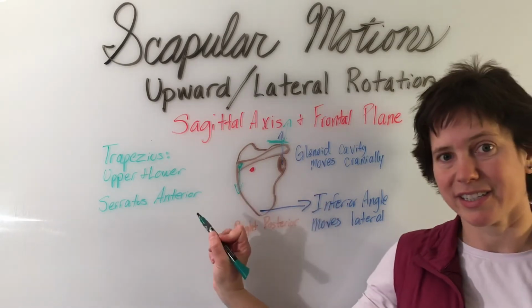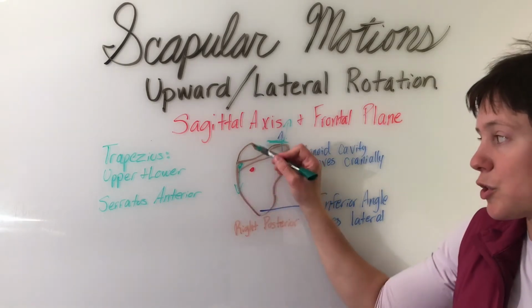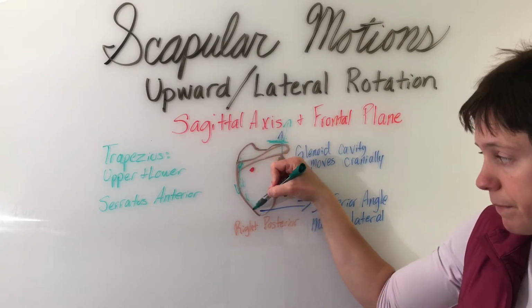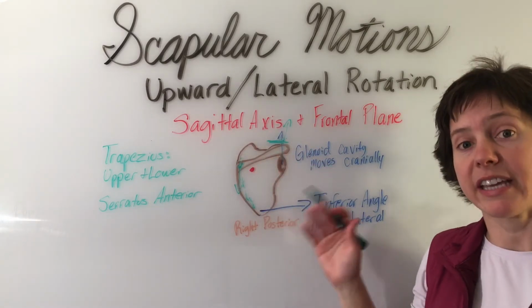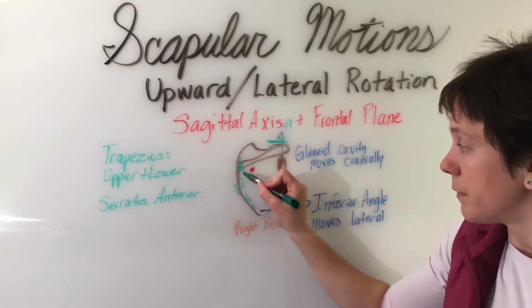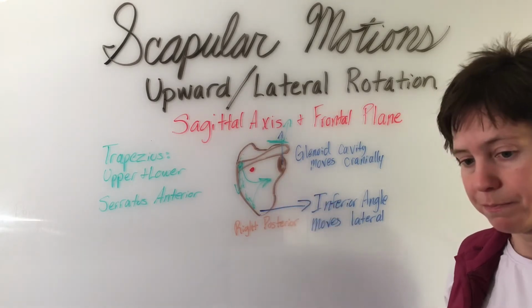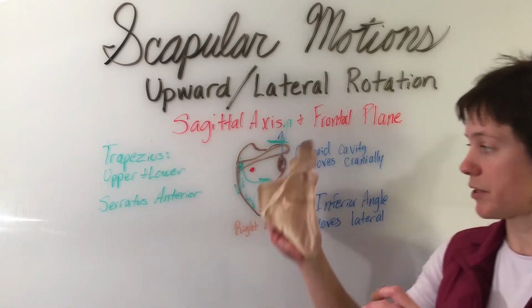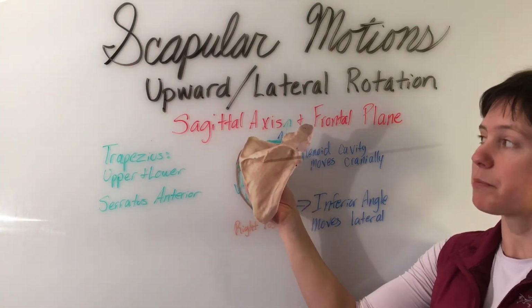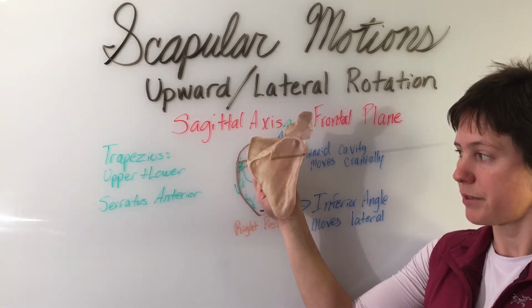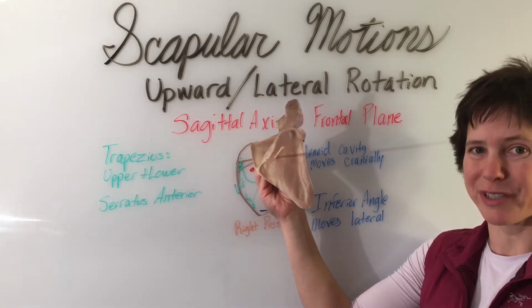The serratus anterior attaches to the medial border of the scapula on the anterior side, and it'll help pull in the lateral direction. So with these three muscles, it'll help complete upward rotation or lateral rotation.